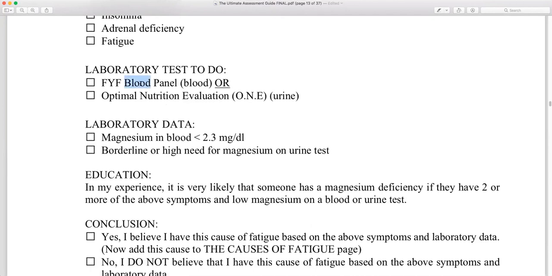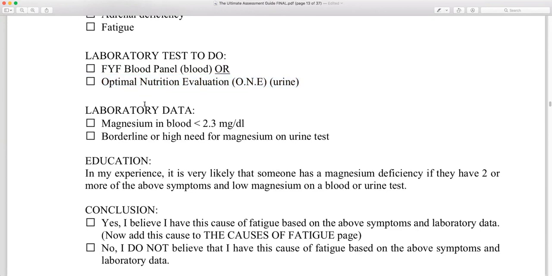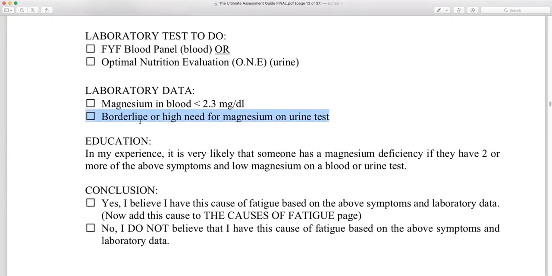So you can test in the blood panel or you can test in the one urine test. And then the laboratory data in blood, less than 2.3 is considered abnormal. And on the urine test, it's borderline or called high need for magnesium.